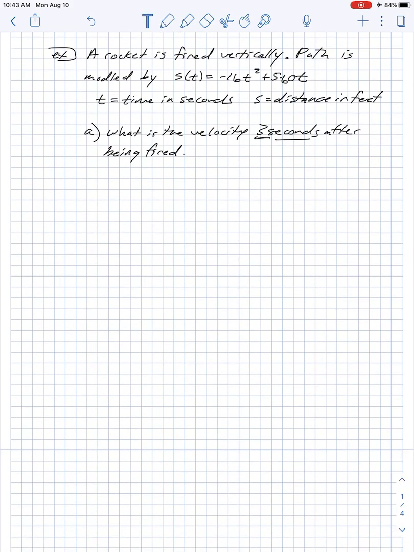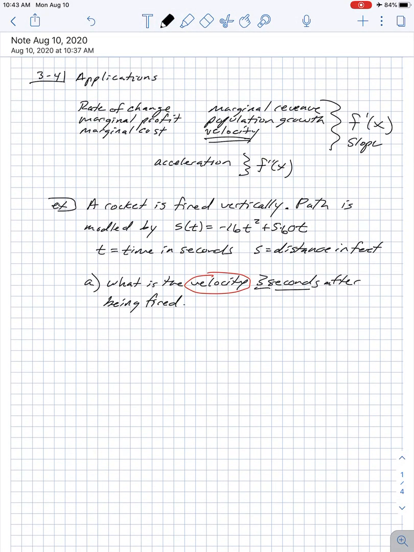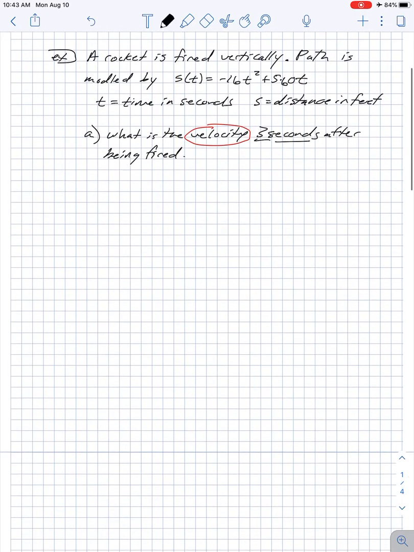The first thing I want you to notice is that we are talking about velocity. So that's your indicator up here in your vocab words that we are going to do the first derivative. I'm going to find the derivative of this function. The 2 comes down and hits that negative 16, makes this negative 32, t to the 1, because the power drops by 1. And then 560t drops down to a constant, just 560.